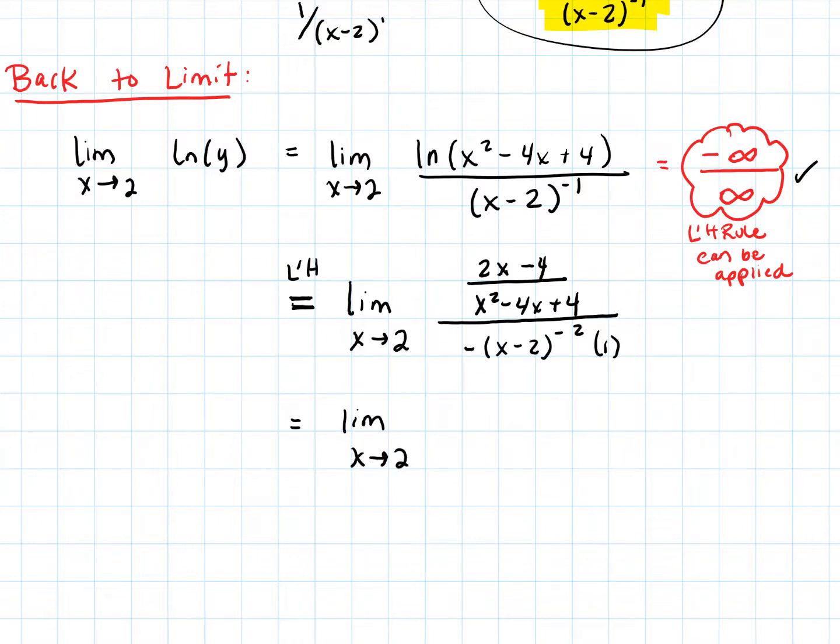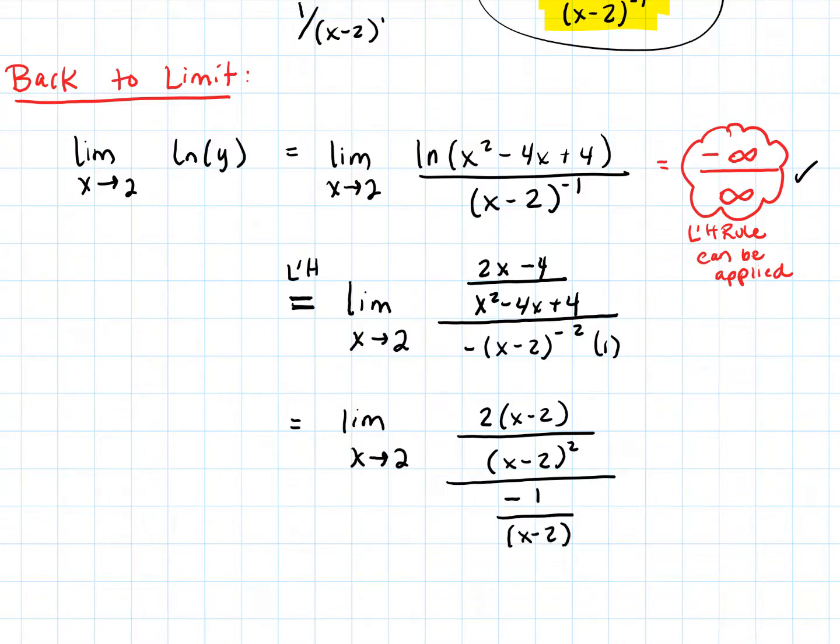I notice up in the top I could factor and write that as 2 times x minus 2 divided by x squared minus 4x plus 4. Let's go ahead and factor that bottom too. I notice that bottom also factors as x minus 2 squared, and in the bottom I've got minus 1 over x minus 2 squared.